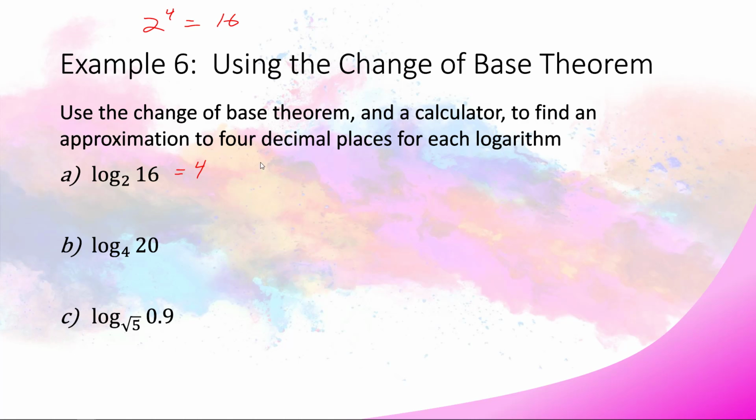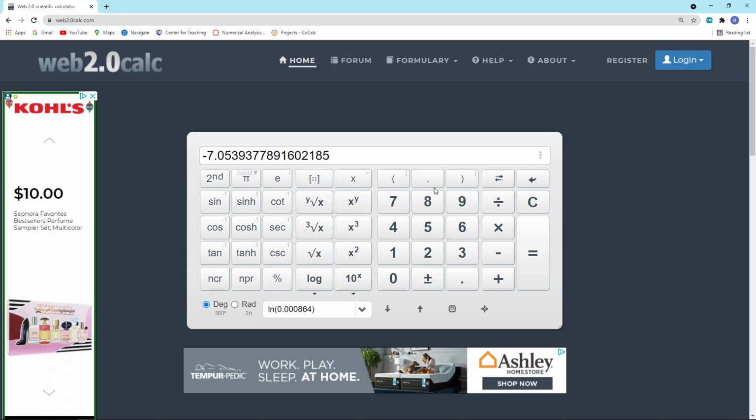Now what would you get if we actually computed the common log of 16 divided by the common log of 2? Or what would you get if you took the natural log of 16 and divided that by the natural log of 2? Well, let's go ahead and find out, before I look kind of silly, right? Okay, so we're going to have here the common log of 2.